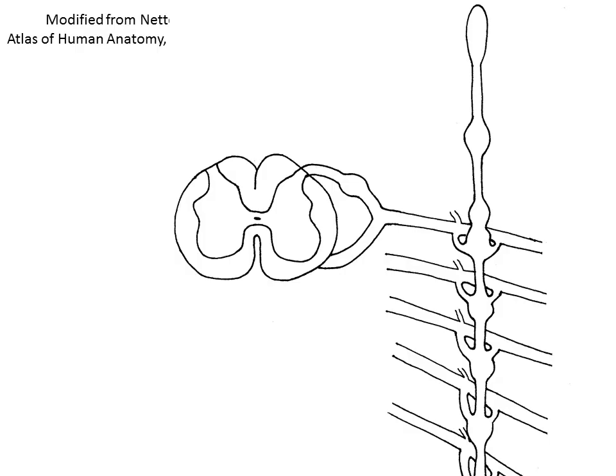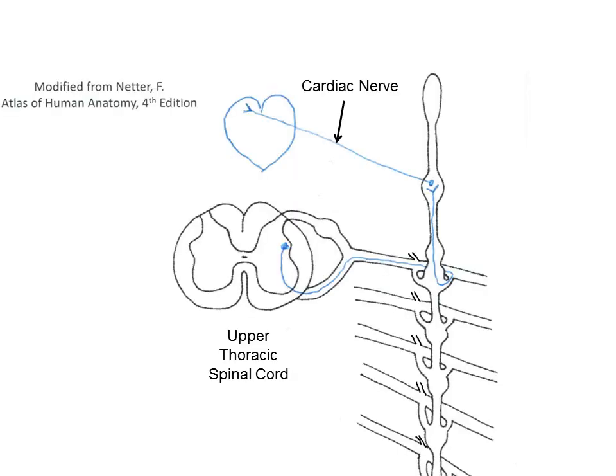Looking at our sympathetic pathway, we're going to be starting in our lateral horns of the upper thoracic spinal cord, going to the ventral root, to the spinal nerve, to the ventral ramus, to the white ramus communicans, into the sympathetic trunk, ascending to a cervical paravertebral ganglion, and then traveling in the cardiac nerve to get to the heart.